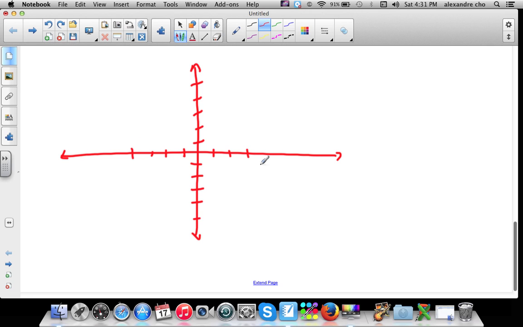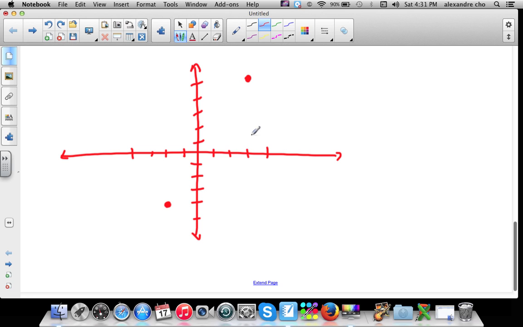Okay, so here you are, and it says that you're at -2, so 2 back and 4 down, -4. It says that you're here, and you want to travel to 3 and 5. 3 and 5 would be 1, 2, 3, and 1, 2, 3, 4, 5 up.